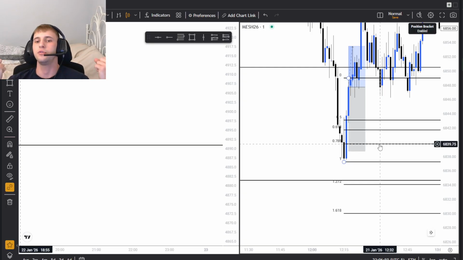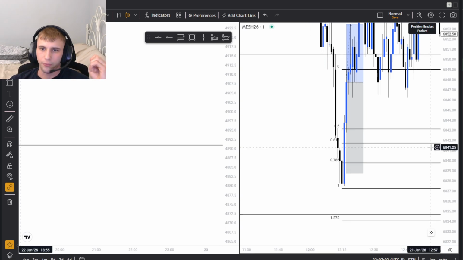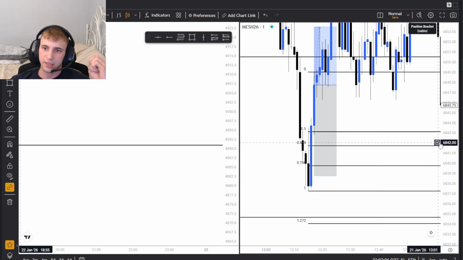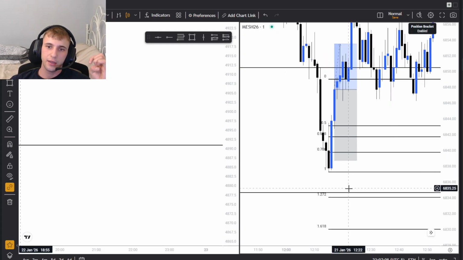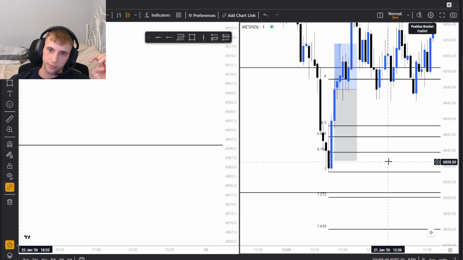I just like to use this as a level that indicates, hey, if we get here, we are very, very extended, right? There's a very good possibility that we could continue lower if we get at this level or below it.